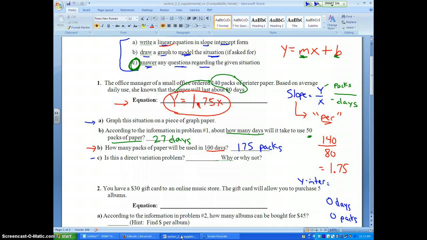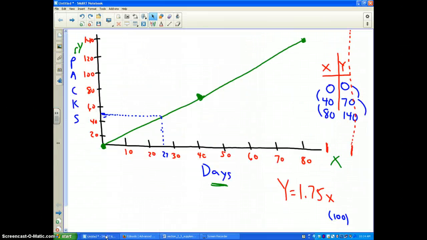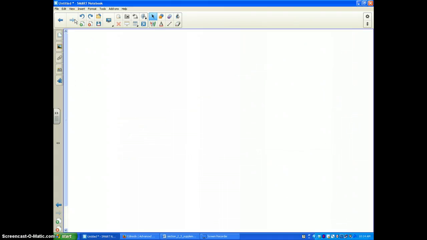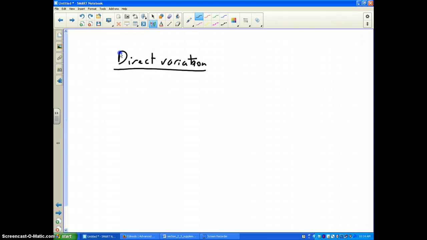The last question, which is probably new to a lot of you, is this a direct variation problem? Now, in order to answer what a direct variation problem is, it's very simple. I'm going to go back to our little chart, and you may want to copy this down. Direct variation very simply means the y-intercept is equal to 0.